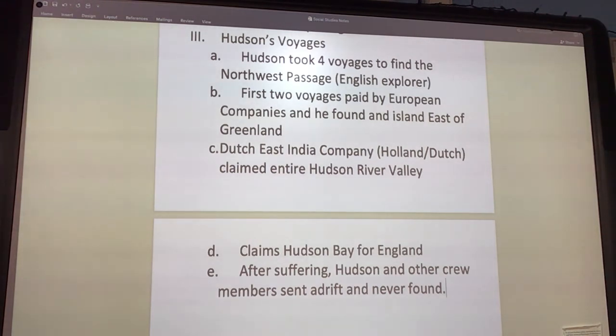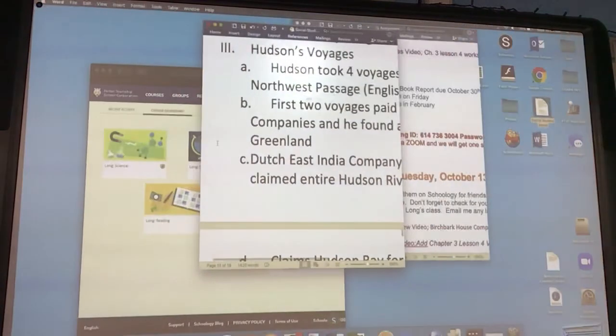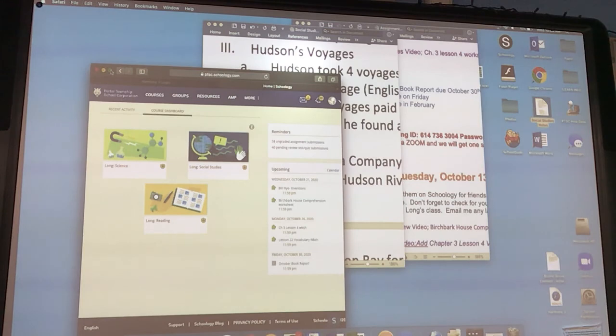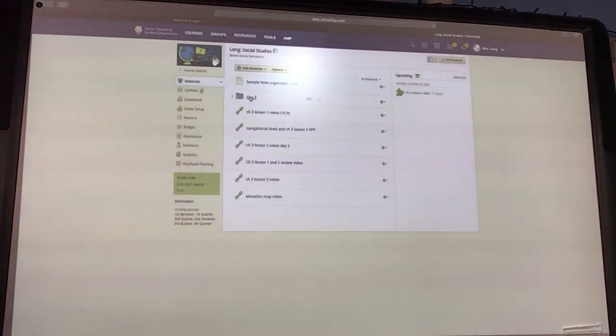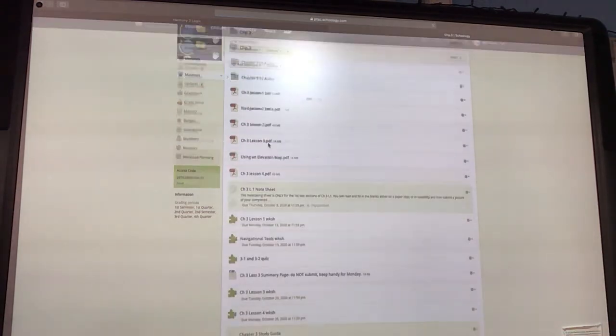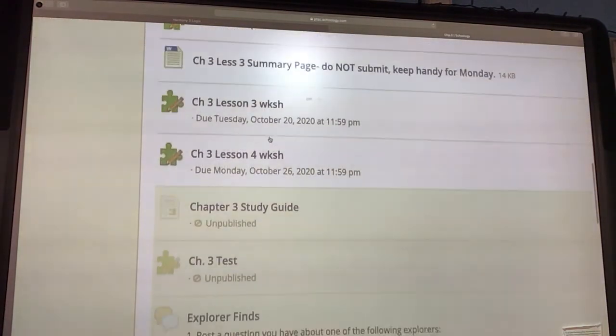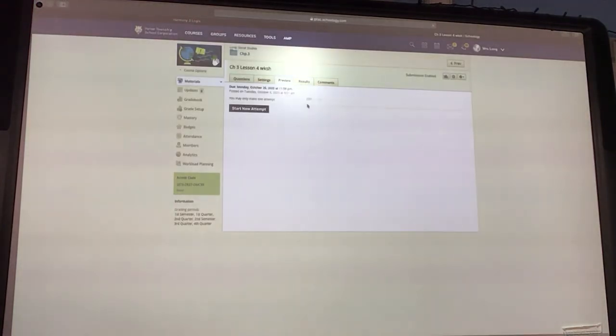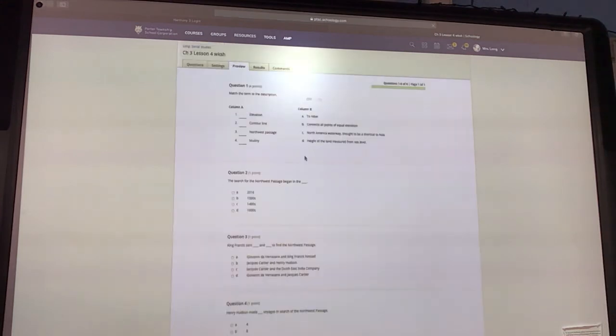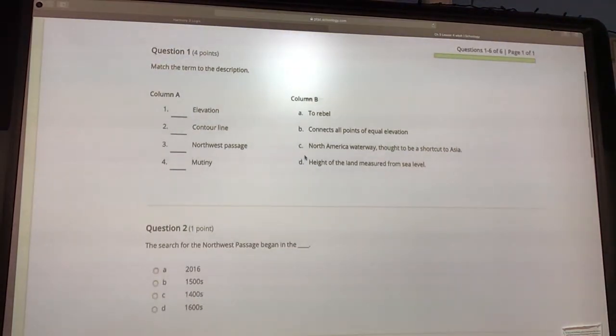Hang on, I got a lot of hands up, but let's do this so I can stop the video here. You have in social studies, chapter 3. There should be, if I make it a little bigger here, chapter 3, lesson 4 worksheets for today. Let me look at it here and see what we're doing. Oh, we've got some matching.